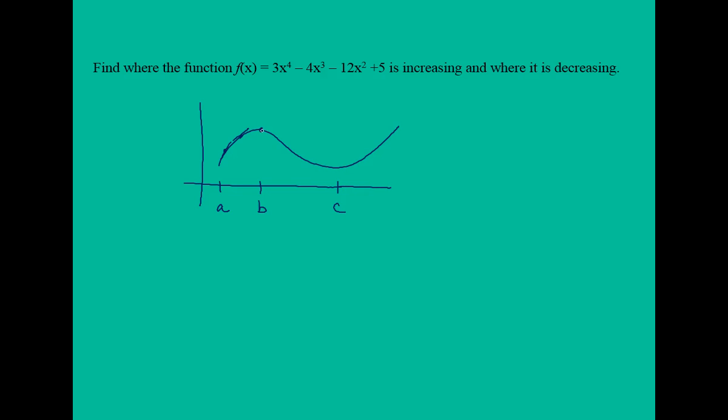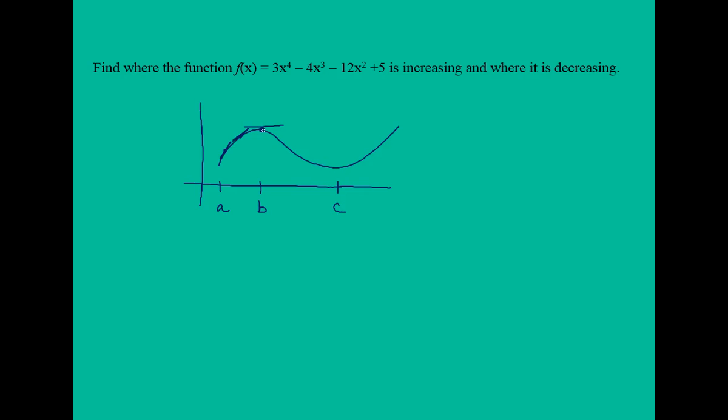Now, what would happen right here at b? Well, it appears we have a tangent line that has a slope of 0. Notice the tangent lines from a to b, they're a little steeper here than here, and so the slope of those tangent lines are getting closer to 0.